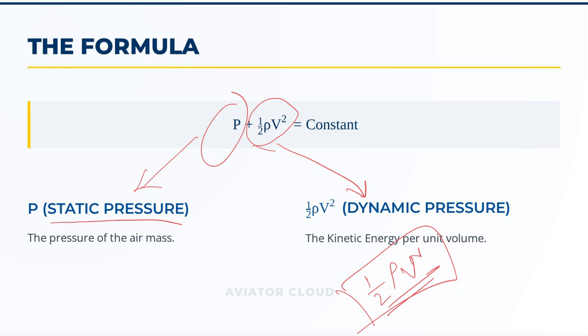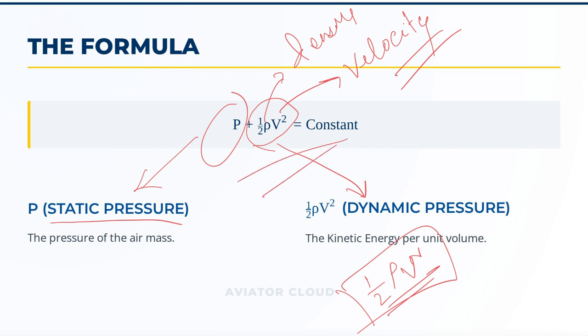We don't need the derivation, we just need to know that half rho v squared is the dynamic pressure. Here rho is the density, v is the velocity. Already you know, if cross-sectional area reduces, velocity increases. Now this formula of Bernoulli: the static pressure plus the dynamic pressure is constant. This is the basic thing to memorize.